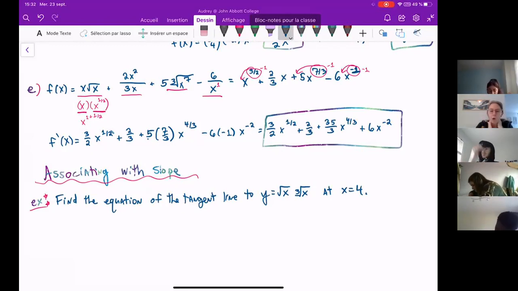So we want to find the equation of the tangent line to this function at the x value 4. So in the videos that you guys watched with the limit definition, you learned the steps for finding a tangent line. Do you guys remember what the first step was?